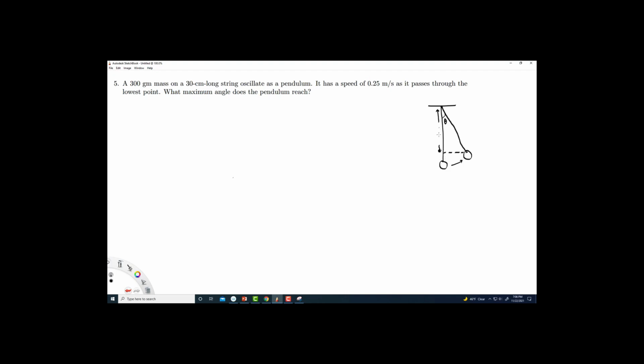So in order to find this distance, we can find the height through which the pendulum rises. So we consider this to be the 0 level, so y equals 0. So this height would be y.